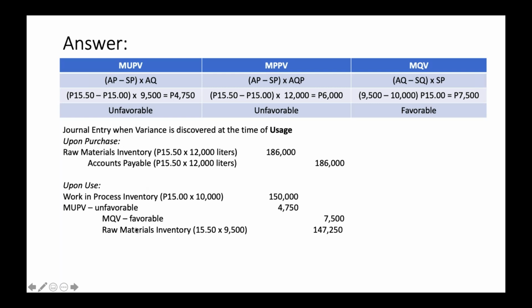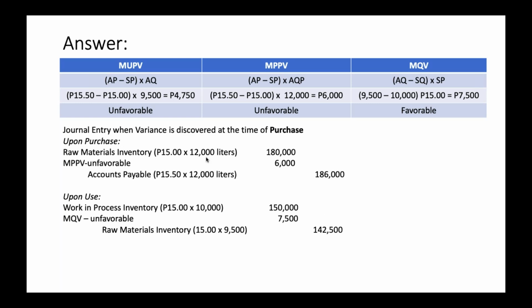Now, as you can see, there is no entry on the material purchase price variance. Why? Because the variance in terms of price is discovered at the time of usage. So we use material usage price variance. Now, if the price variance is discovered at the time of purchase, this will be the entry.